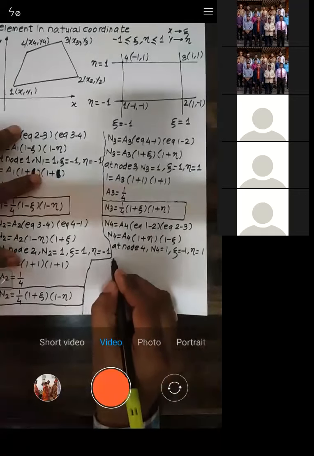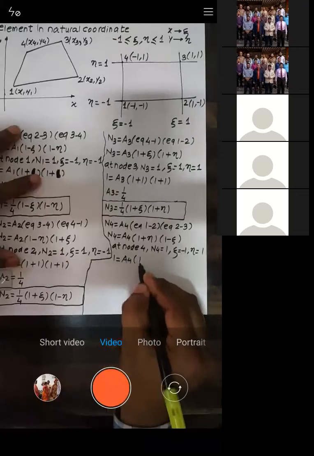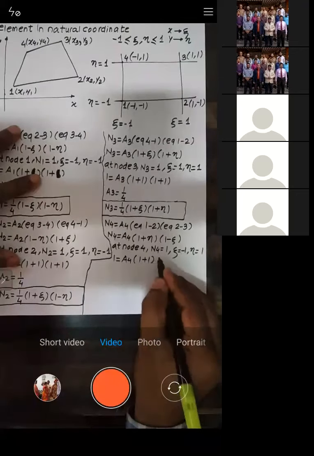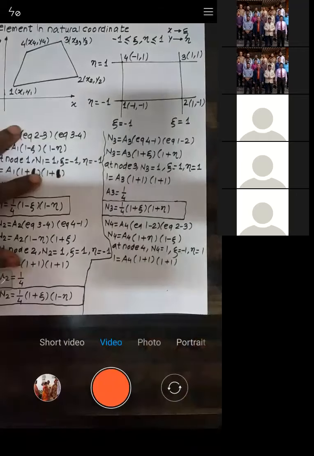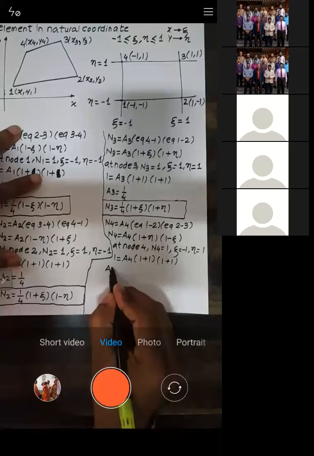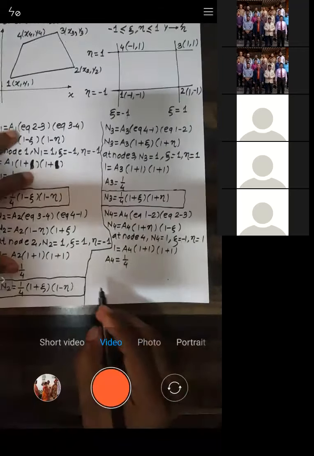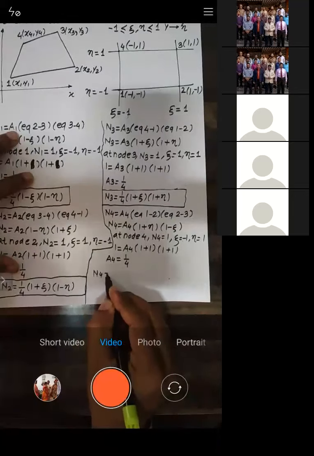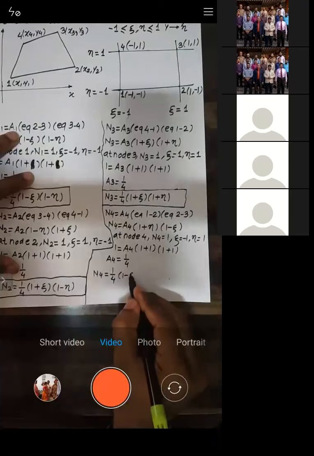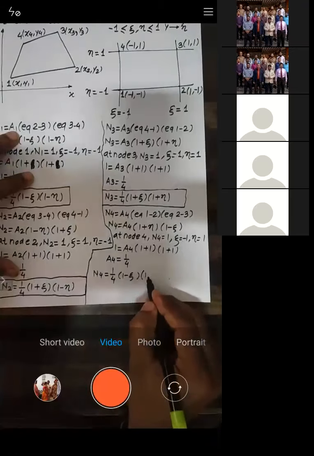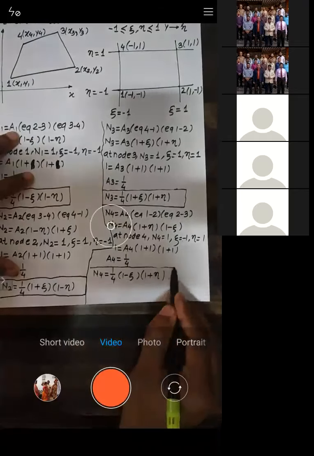N4 is equal to 1 is equal to A4 into 1 plus 1 and 1 minus of minus 1, that is 1 plus 1, right? So you'll get A4 as 1 by 4. Yes or no? So now you put this value here, N4 is 1 by 4. I will rearrange like this: 1 minus zeta and 1 plus neta. Okay. Is it okay?